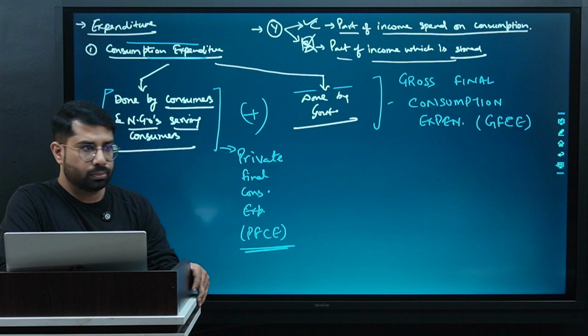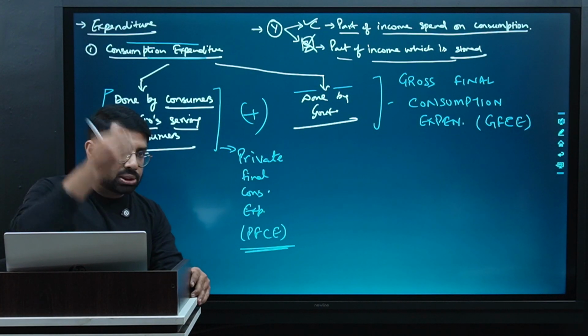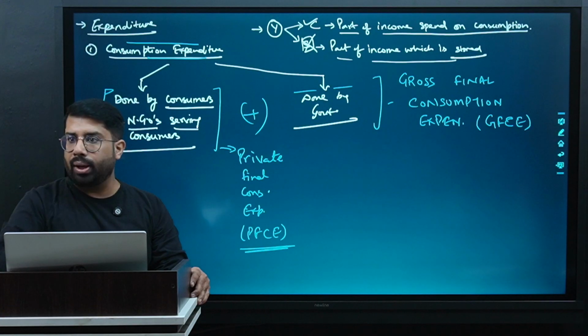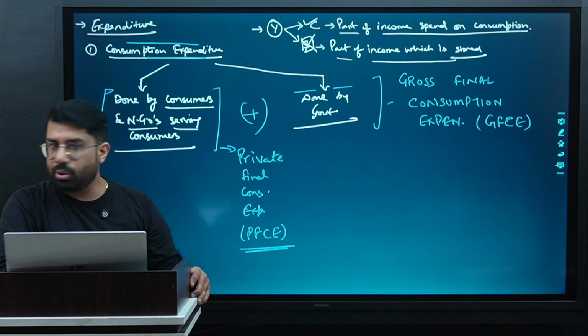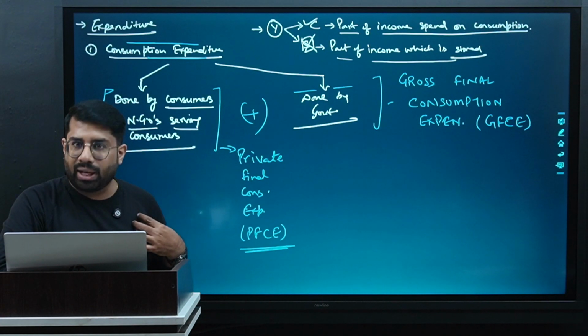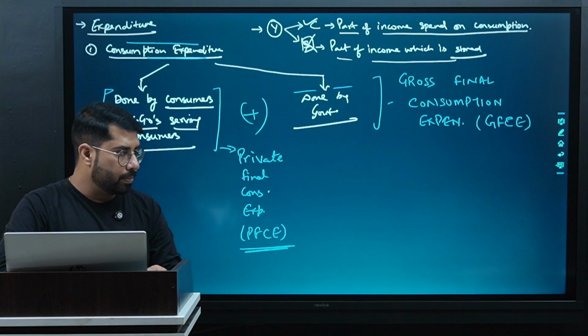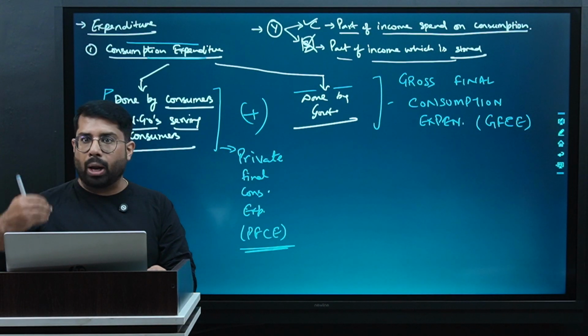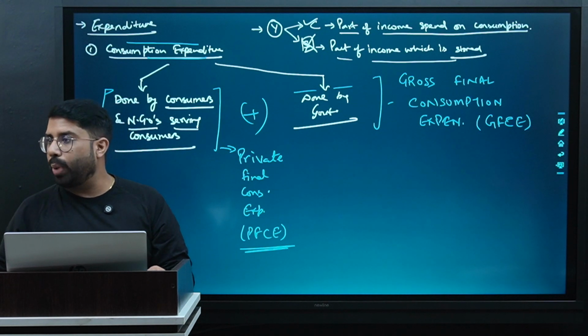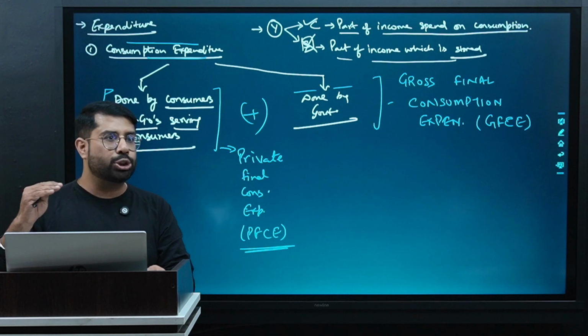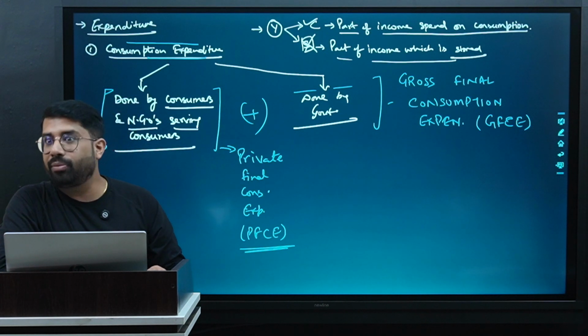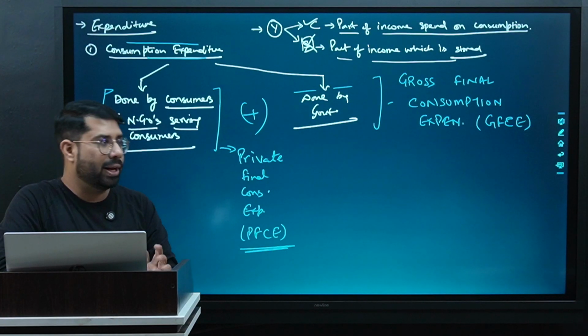For example, we are sitting safe and sound here. Why? Because our defense forces are defending us at the borders. Yes or no, people? We can move from one place to another very easily. Why? Because we have very good and smooth national highways. The infrastructure is there. Yes or no, sir?